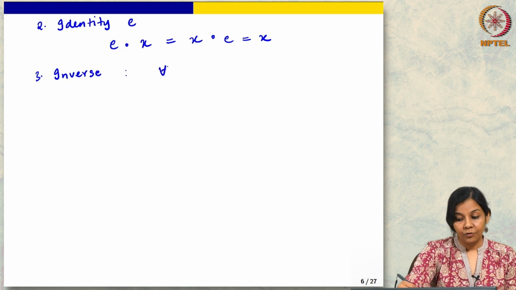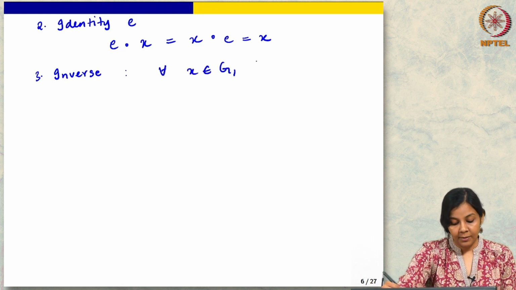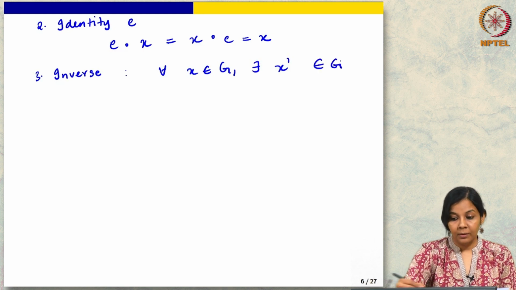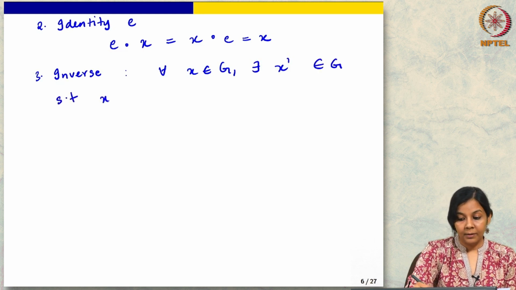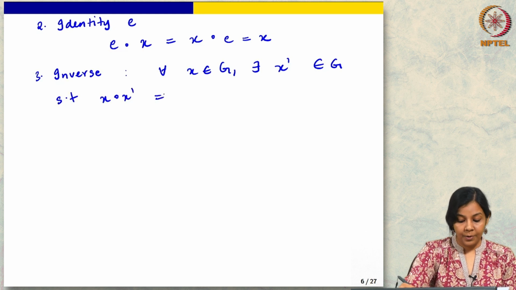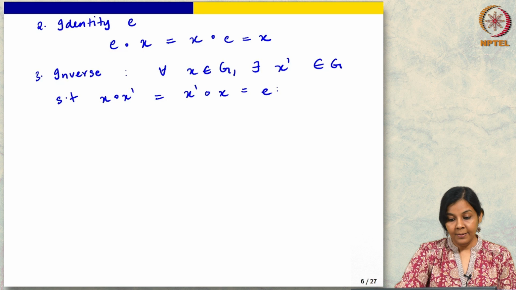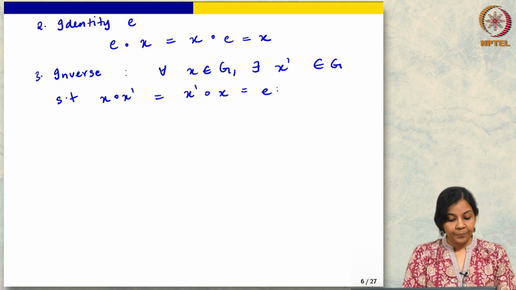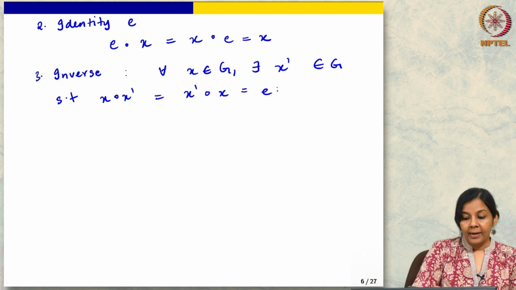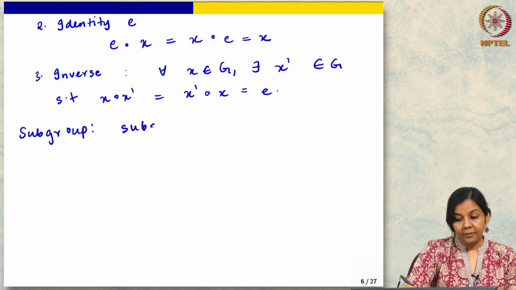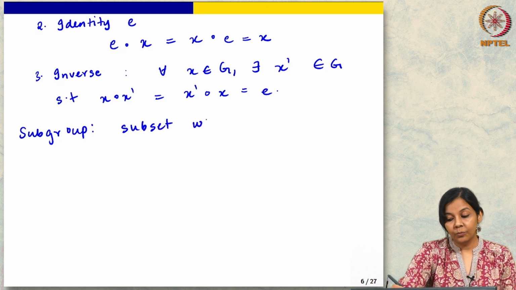For all X in G, there exists an inverse X prime in G such that X prime X is equal to E. Okay. And a subgroup is a subset which is also a group.